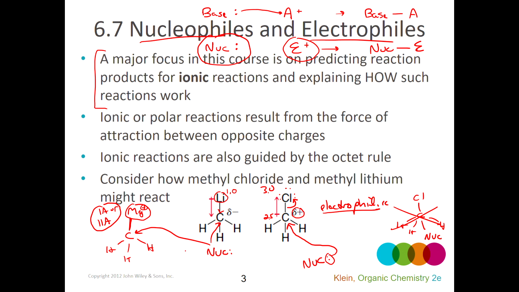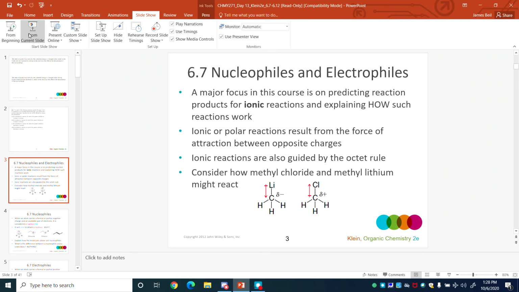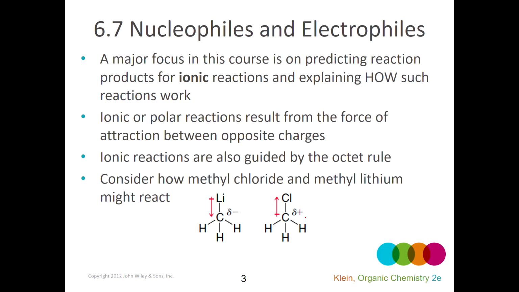So if I put these two molecules together, what would happen? The carbon would use this pair of electrons. It would start sharing them with this other carbon, and that would push out the chlorine. What would be produced? The lithium would be more stable on its own, so it can make a noble gas configuration.